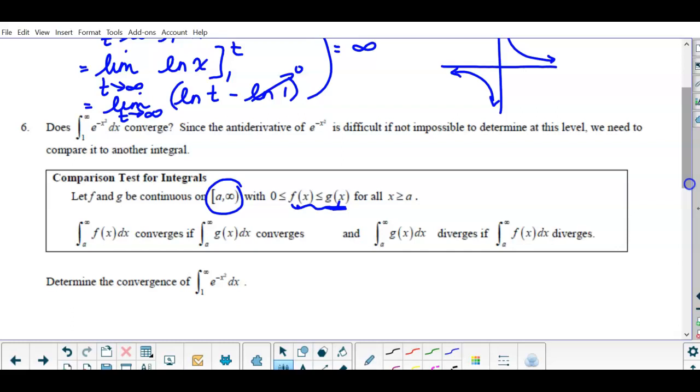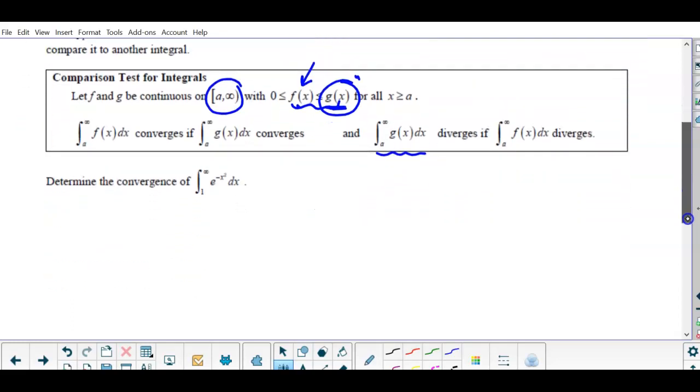So we can't tell from that. Fix it if it's not fixed. So g of x will diverge if f does, because if this is bigger and something smaller already diverges, then the bigger one has to diverge as well. Okay, so just make sure it's correct on your note sheet.